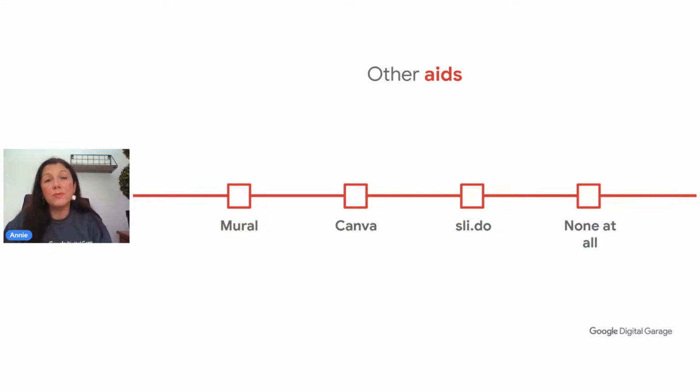Canva is a very useful tool for creating designs and visuals that we might need for our presentation, but also will take us on a journey with the presentation as well, adding logos and visuals as we go. And Slido is a very important tool, particularly when you want to create an engaged audience. So Slido helps us to find out what our audience is thinking, which is really key.